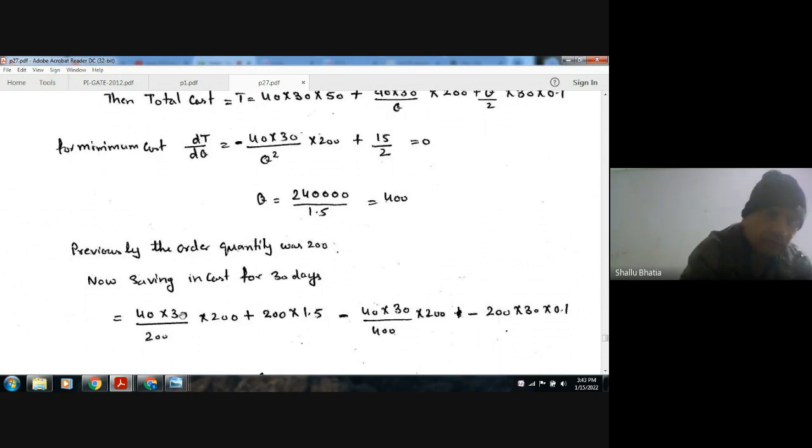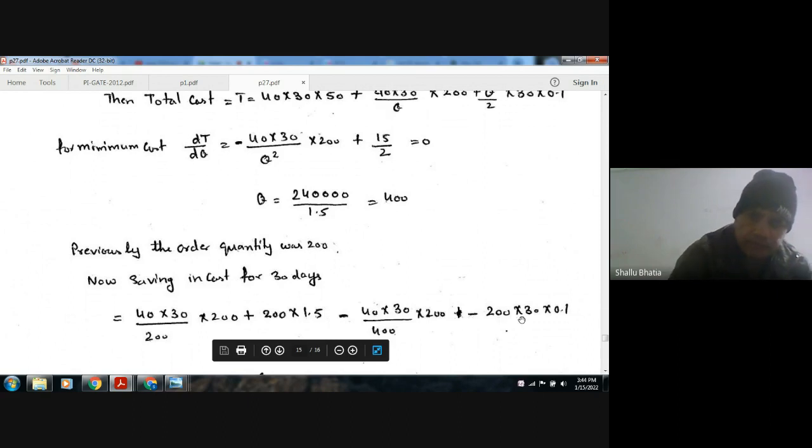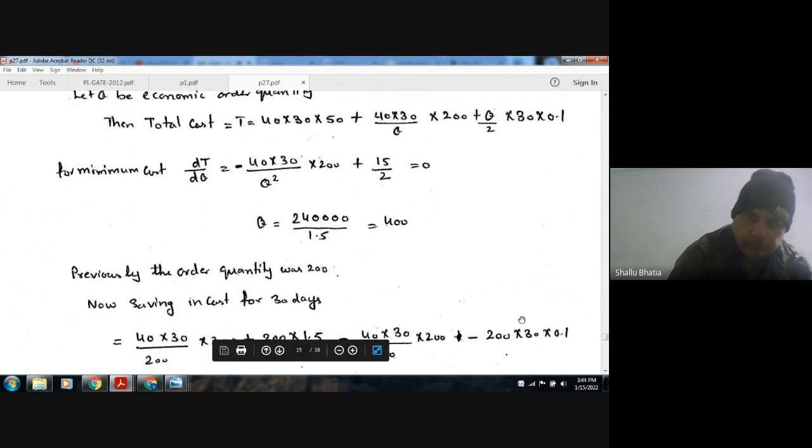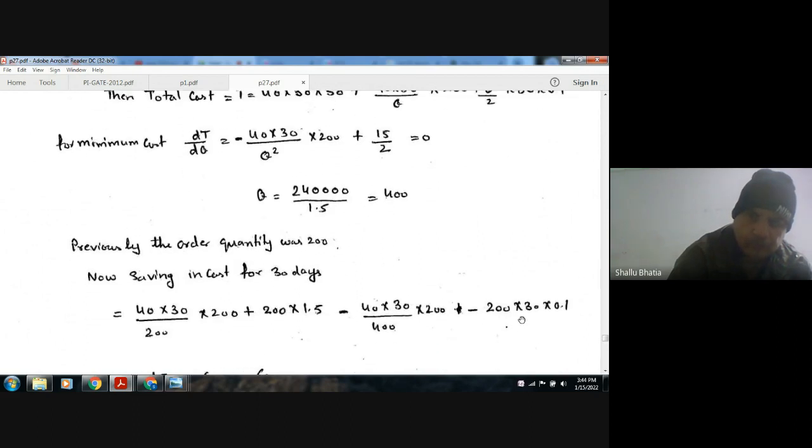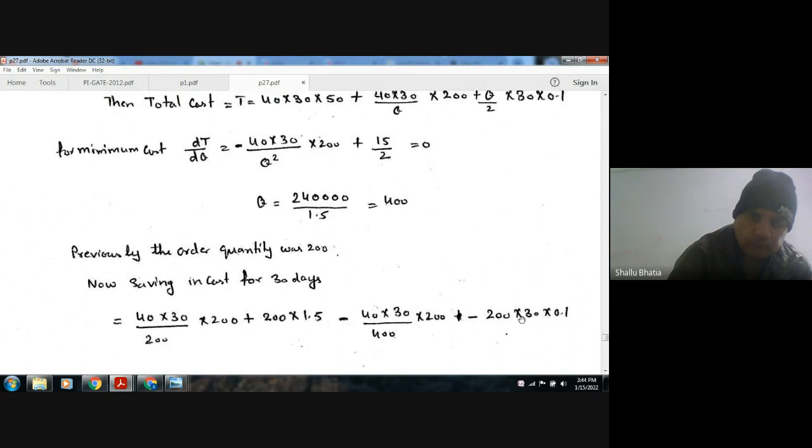So the total variable cost is 40 into 30 into 200 by 400, plus Q by 2, which is 200 into 30 into 1.1.